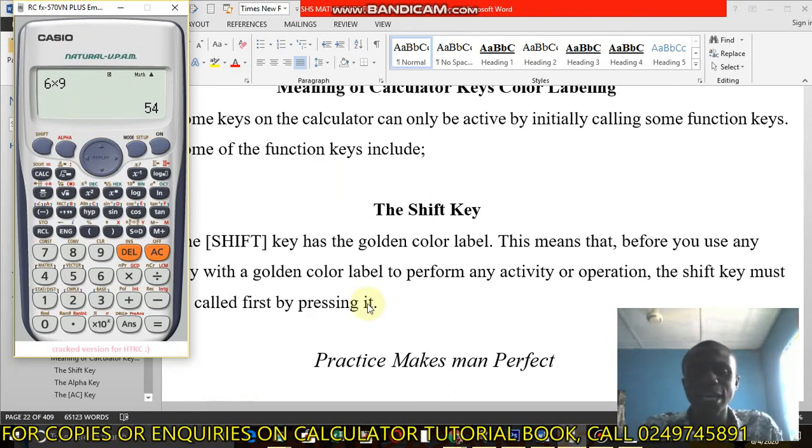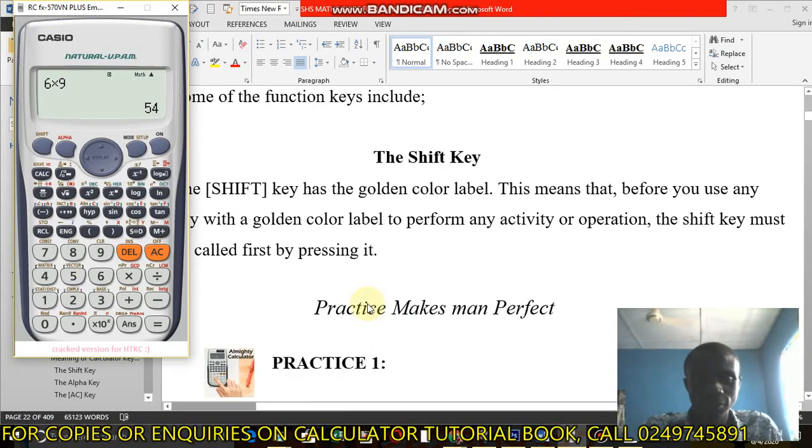We will also be using the SHS calculator tutorial guide book. It's a book written by Frank Yaopon. That is myself.